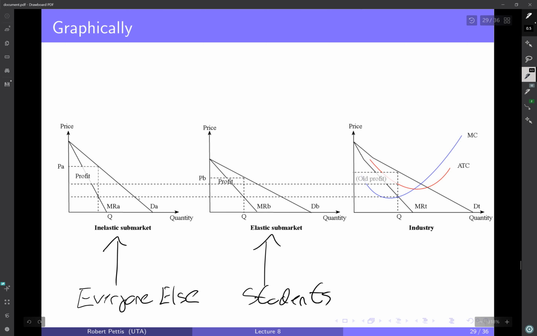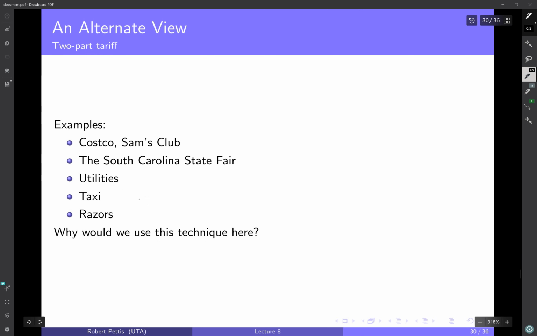By charging different prices, we've got this price A, the higher price for everyone else, and price B, the student discount. By charging both of them these individual prices, we actually get a combination of this profit and this profit, which is greater than the old profit we would get if we just charged everyone the same price.